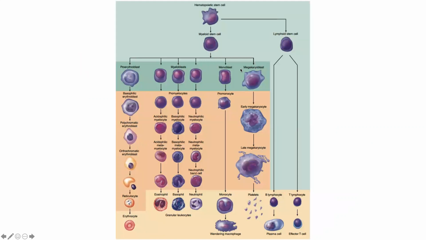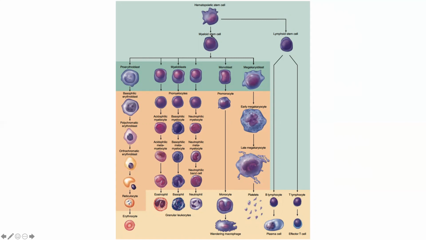And this slide might be more important. All the blood cells come from hematopoietic stem cells. Starting from the very beginning, the hematopoietic stem cell will divide into myeloid stem cell and lymphoid stem cell. Lymphoid stem cell will develop into B lymphocyte and T lymphocyte.